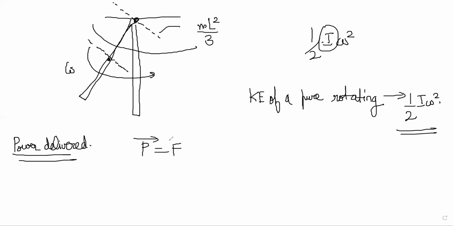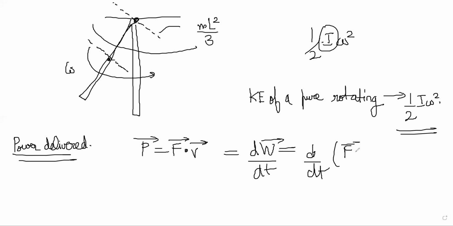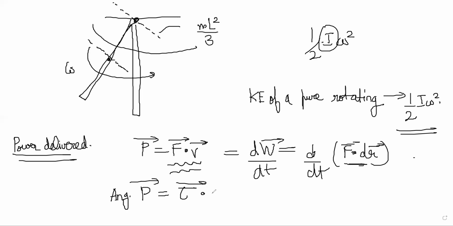Power is F dot v, because power is basically the rate of doing work, dW by dt, and work is F dot dr. So d by dt of this will become F dot v. So power is F dot v. So what should be my equation for angular power delivered by some torque? It will be torque dot omega. That is the obvious thing, the equivalent thing for rotation.